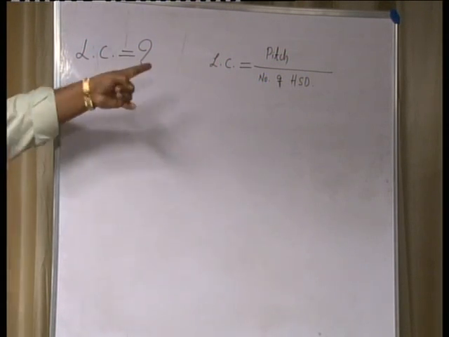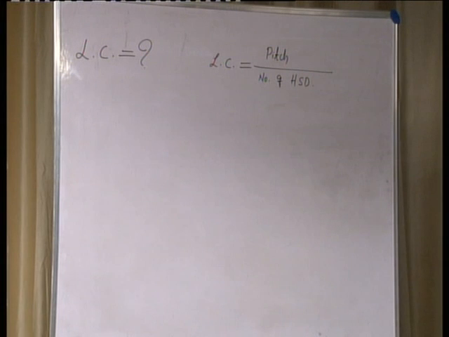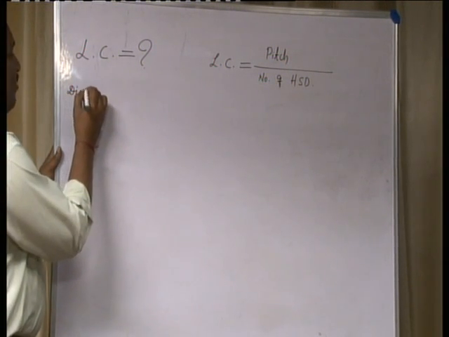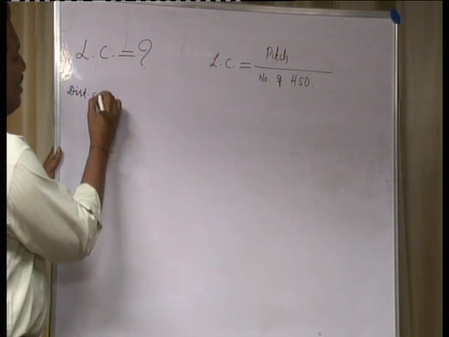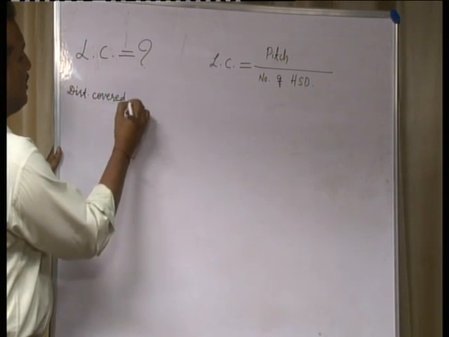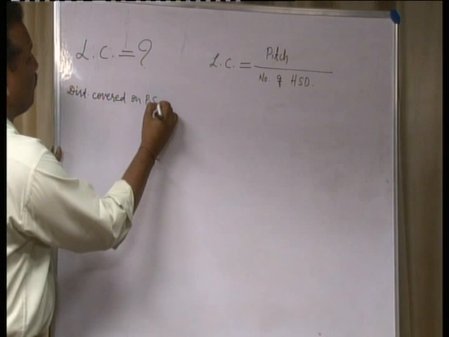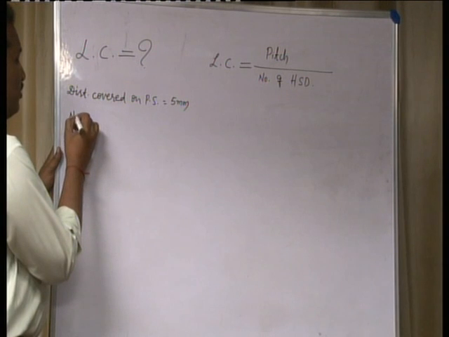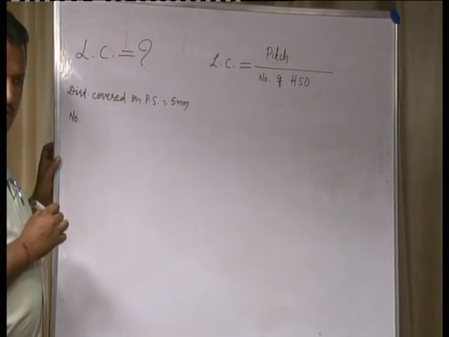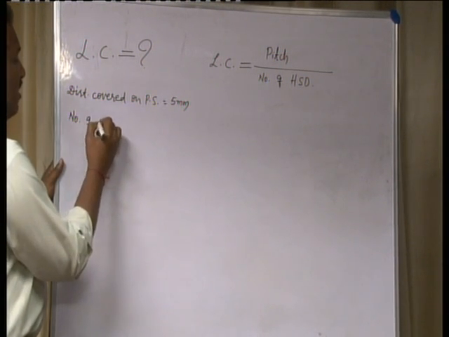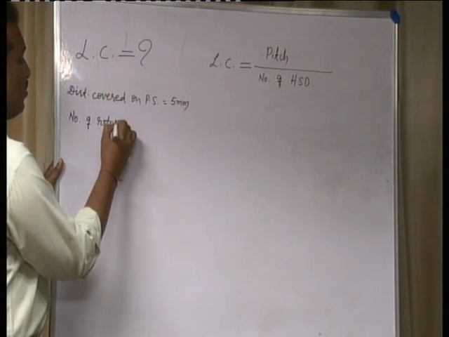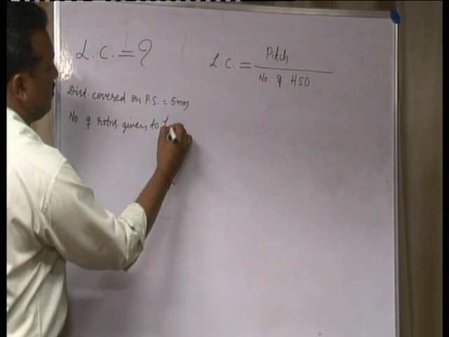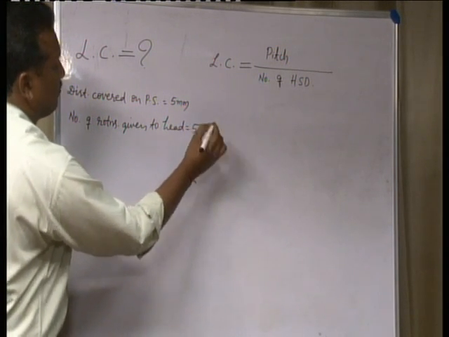So, to find the least count, you should know what pitch is. What is given means the distance uncovered on the pitch scale is 5 mm. This amount of distance is uncovered on the pitch scale only when the number of rotations given to the head is 5.